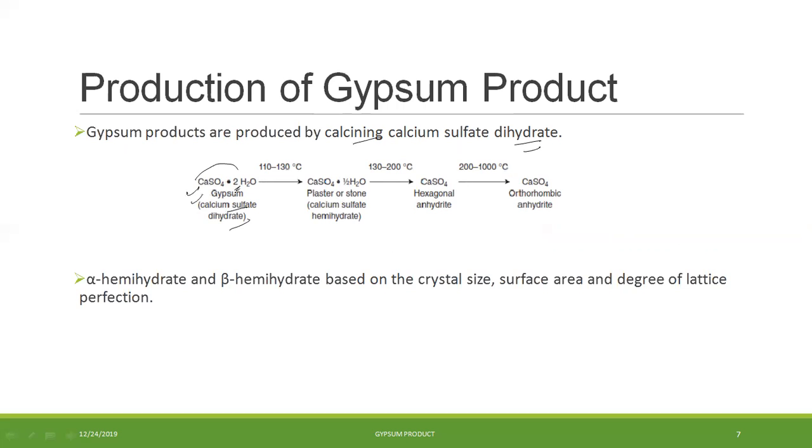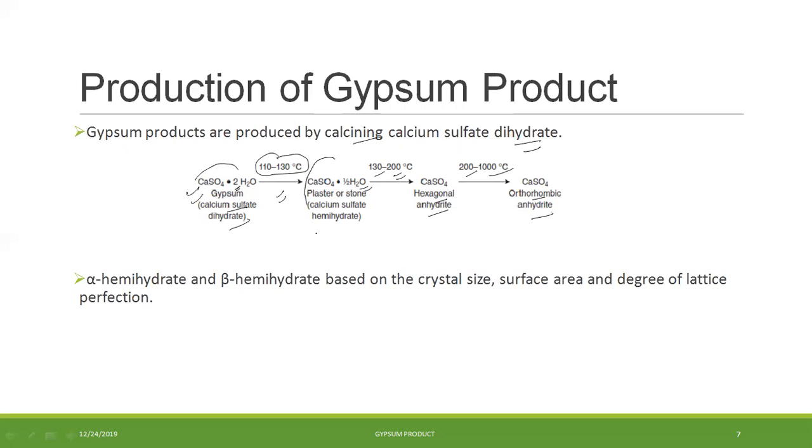This is dihydrate. Now at a temperature of 110 to 130 degrees Celsius, calcining forms calcium sulfate hemihydrate; at 130 to 200 degrees Celsius, it forms calcium sulfate hexagonal anhydride; and at 200 to 1000 degrees, orthorhombic anhydride.